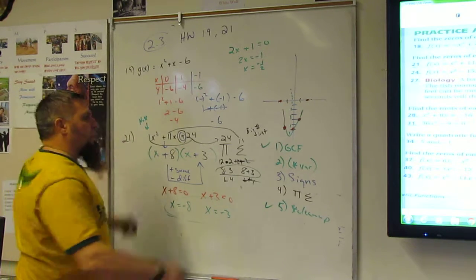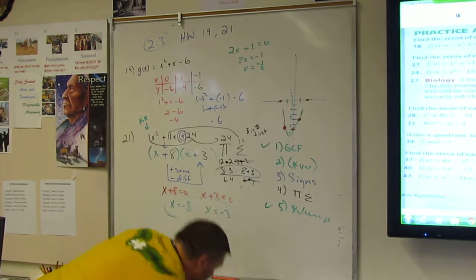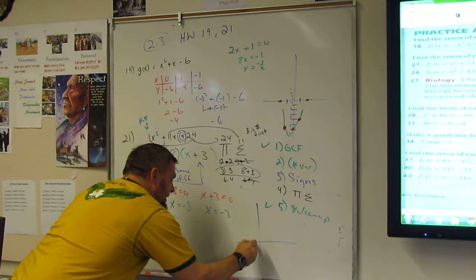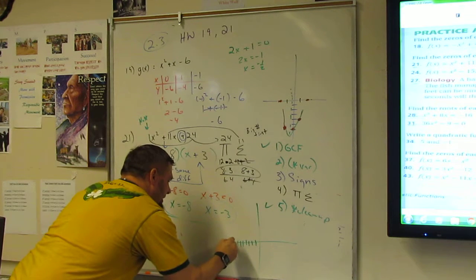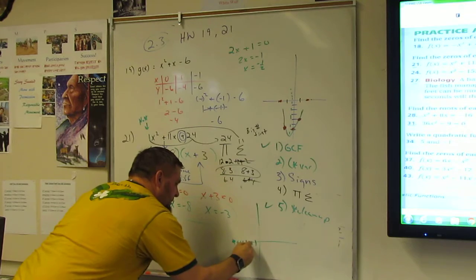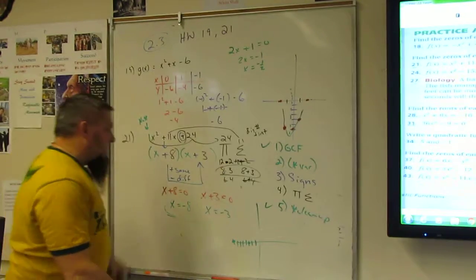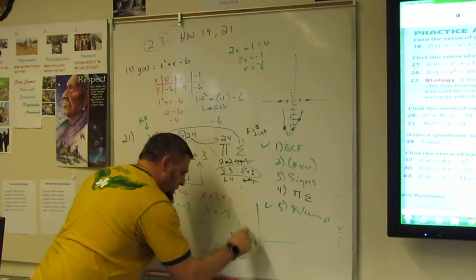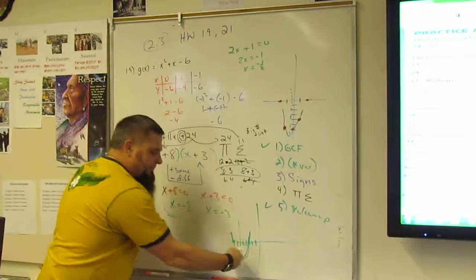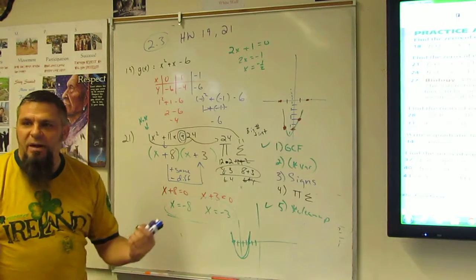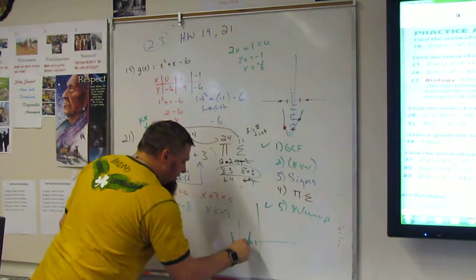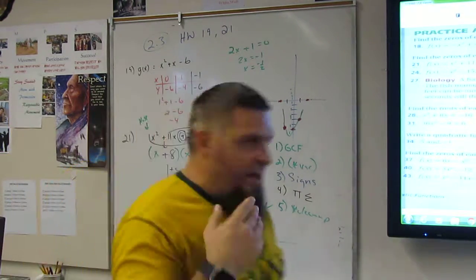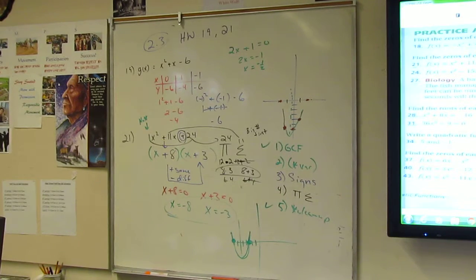That's where it crosses the axis. So it crosses the x-axis at negative 8, and negative 3. We know it's smiling, so it looks like this, and halfway in between, it's going to be somewhere there. Does that make sense? We don't know how far down yet. We didn't figure that part out. All we figured out is this and this. That's it. Does that make sense? And that's 19.